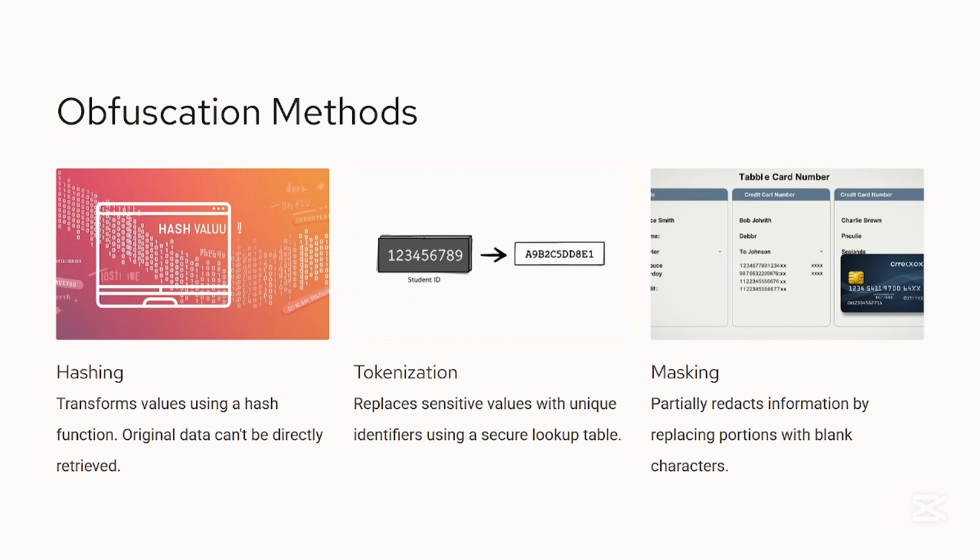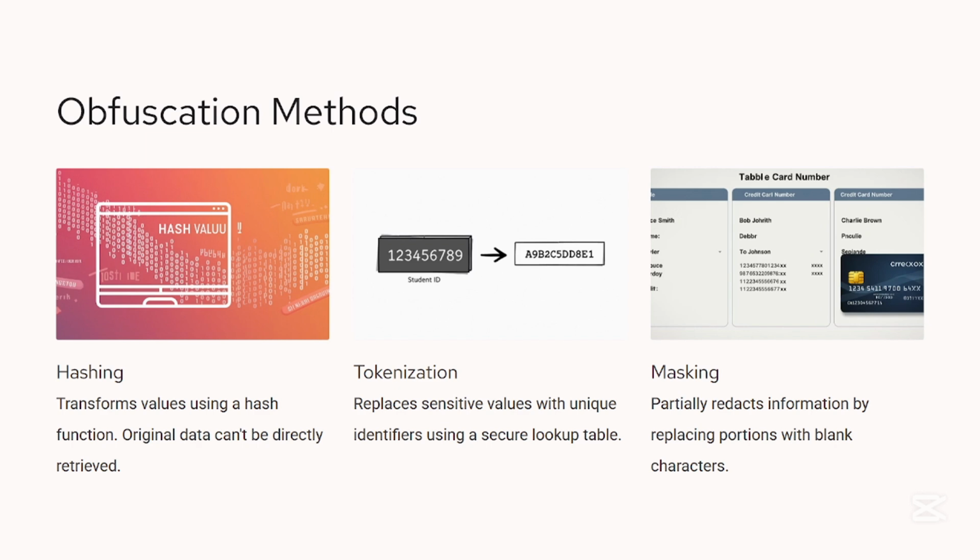Hashing transforms our values using a hash function into a new value. We have our original value, we apply a hash function to it, and it generates a new value, which is referred to as a hash value. When someone sees the new value, they cannot relate it to the original value.